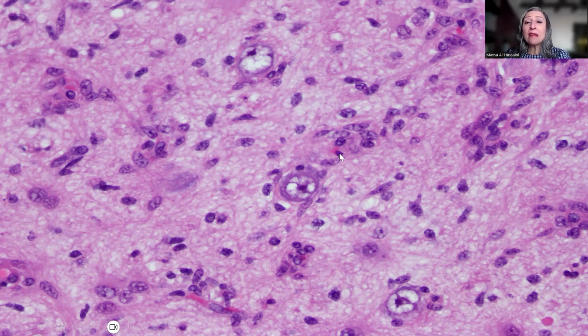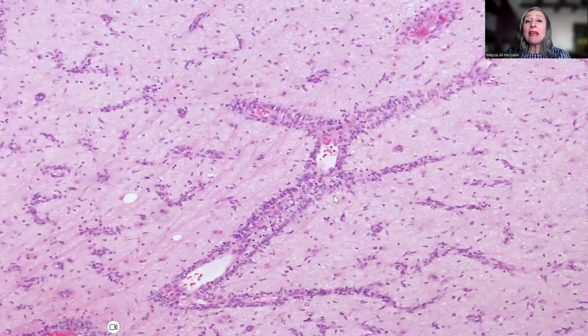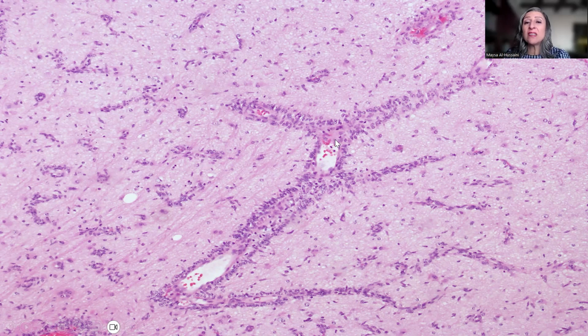Now in the background, we can see some spindle cells, but going again into the second important component of the tumor, which are the prominent vessels. And the vessels are prominent because these are all, regardless of the size of the vessel, big or small, cuffed tightly by tumor cells.